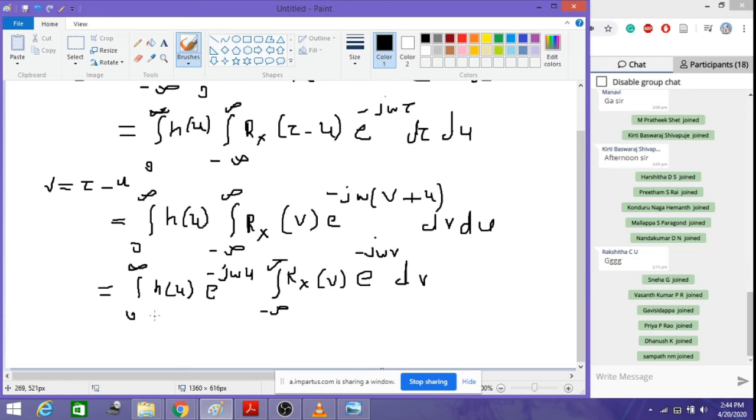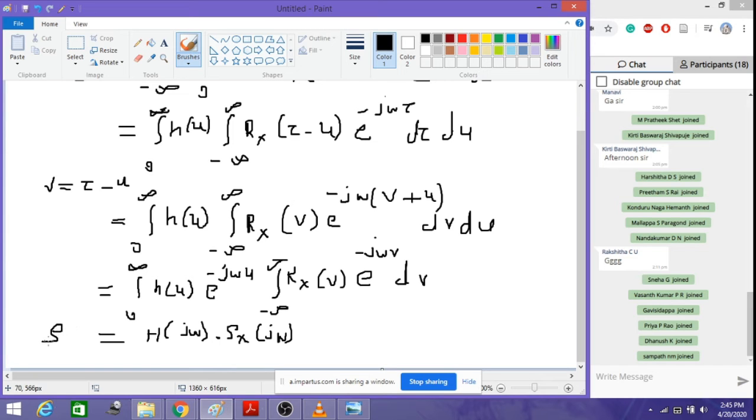Now if you look at this, this is nothing but our spectral density equation. So this can be written as H of j omega, or H of omega, into Sx of j omega.